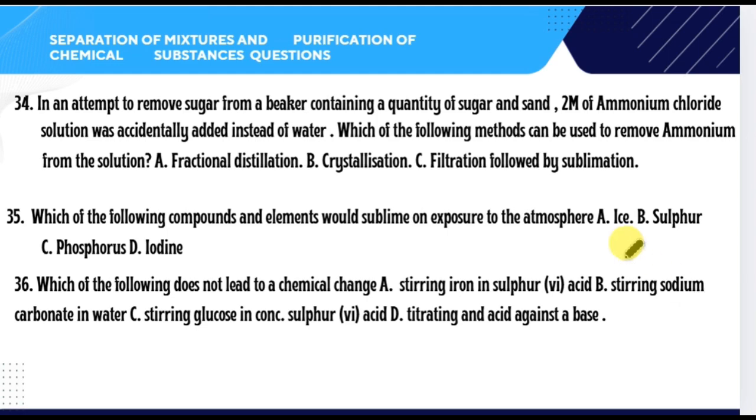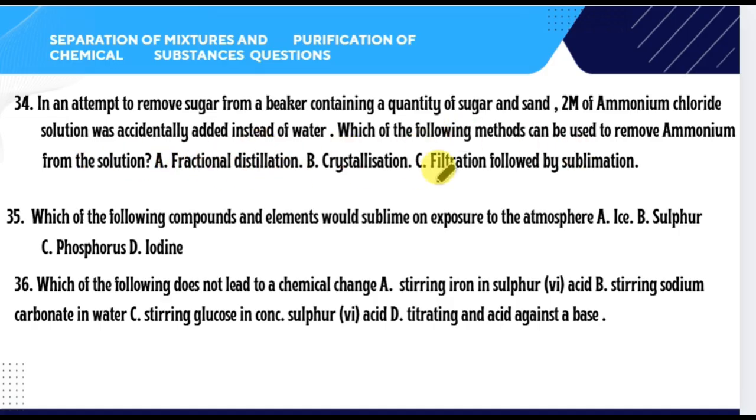In an attempt to remove sugar from a beaker containing a quantity of sugar and sand, 2 ml of ammonium chloride was accidentally added. And we already know that ammonium chloride sublimes. Which of the following methods can be used to remove the ammonium chloride from the solution?